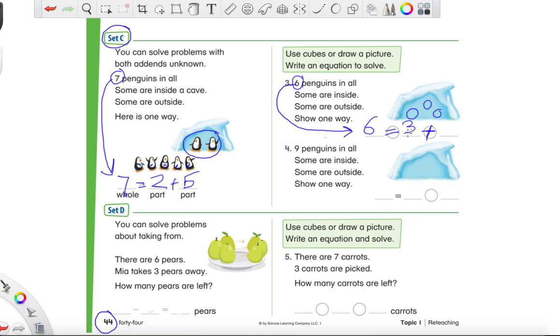And then write 3 on that middle line. What I want you to do now is count on from 3 all the way to 6 as you draw more circles on the outside. And then write down how many more circles you had to draw to make a total of 6. I'm going to give you guys a quick second or two to try to solve this one on your own. Then we'll go over number 3 together.